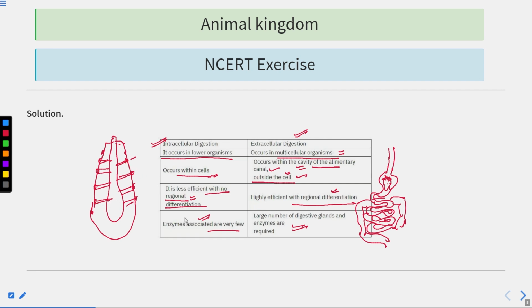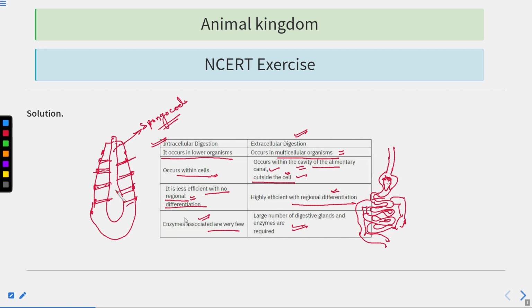From these pores water enters inside the spongocoel cavity, and along with the water some foodstuff also enters the spongocoel cavity.